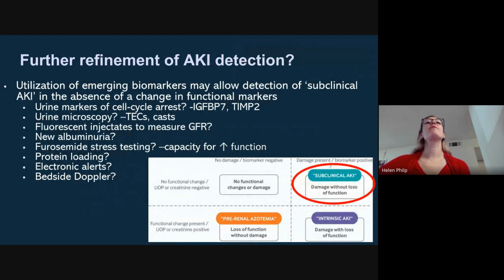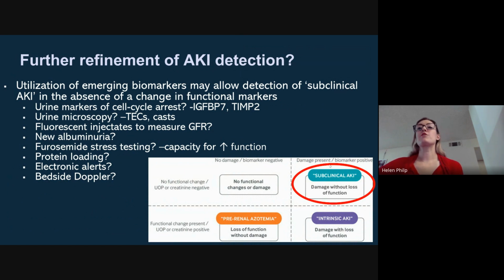And then looking to the future and further refinement of AKI detection, looking at emerging biomarkers, certainly in sepsis, urine markers of cell cycle arrest are interesting. We saw all those tubular epithelial cells go into cell cycle arrest, and that seems to correlate with their risk of AKI.